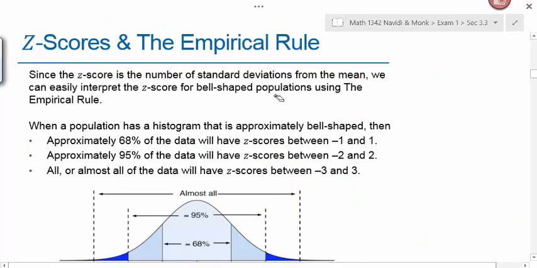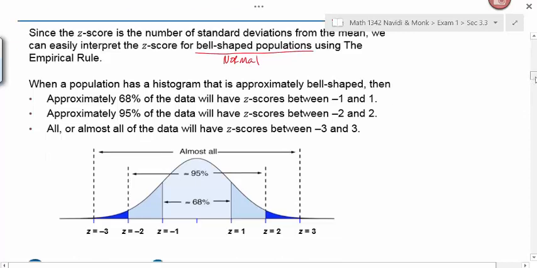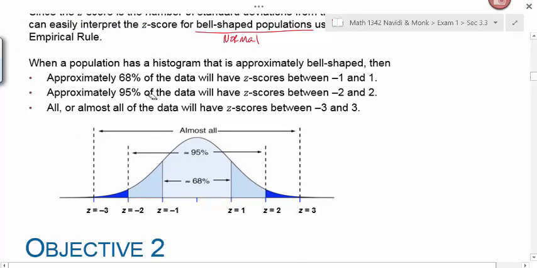Since the z-score is the number of standard deviations from the mean, we can easily interpret the z-score for bell-shaped populations, also known as normal distributions. When a population has a histogram that's approximately bell-shaped, then approximately 68% of our data will lie within one standard deviation of the mean.